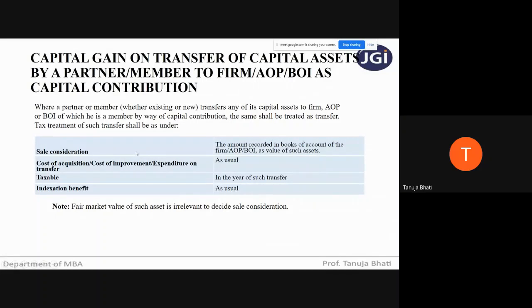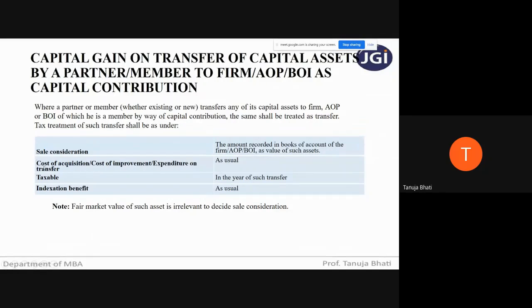I have to take only 2 lakh, because the provision says to take the sale consideration as the amount that you're recording in the books of account relating to that asset that the partner is bringing. So remember that when any partner is bringing a capital asset into the firm, sale consideration will be the amount recorded in the books of accounts of the firm, AOP, BOI as the value of that particular asset.